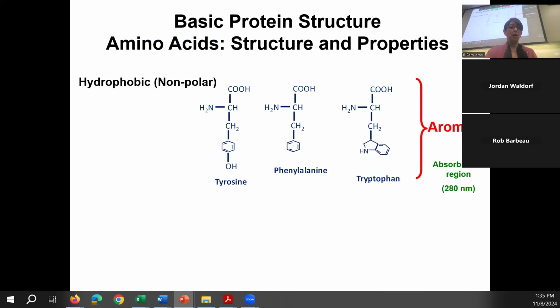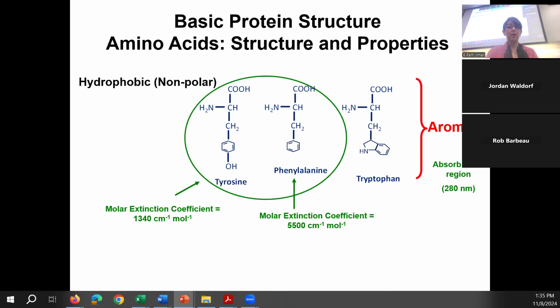So really, only tyrosine, phenylalanine, and tryptophan absorb in this region, and the 2 that absorb the most, or the highest molar extinction, are phenylalanine and tyrosine. Tryptophan is the least absorbing, but it still absorbs light.